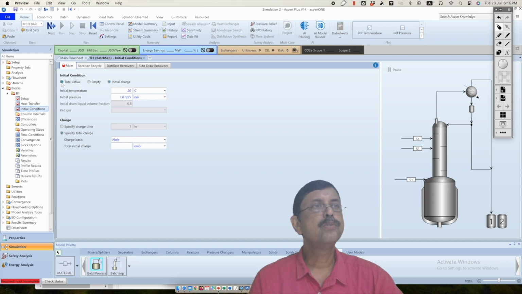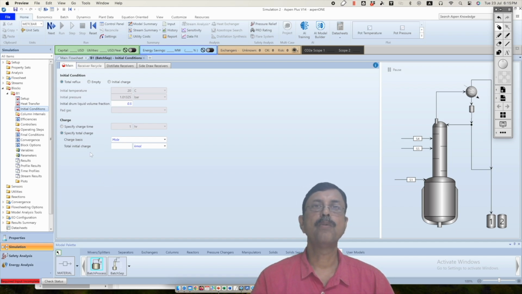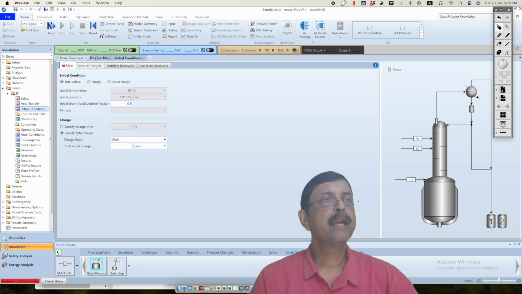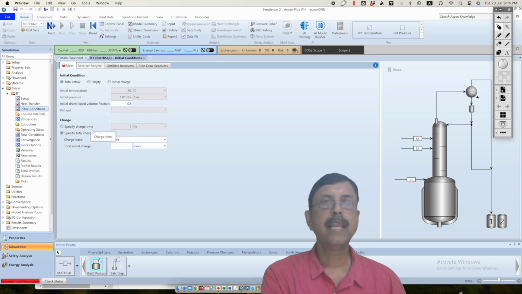Suppose you choose total reflux, then you have to provide either the charge time or the total charge. Total charge means the total amount of material that you give to the pot. That is the total initial charge from where the system starts operating. Or you can give the total charge time, because in general the inlet is given as a flow rate, right?